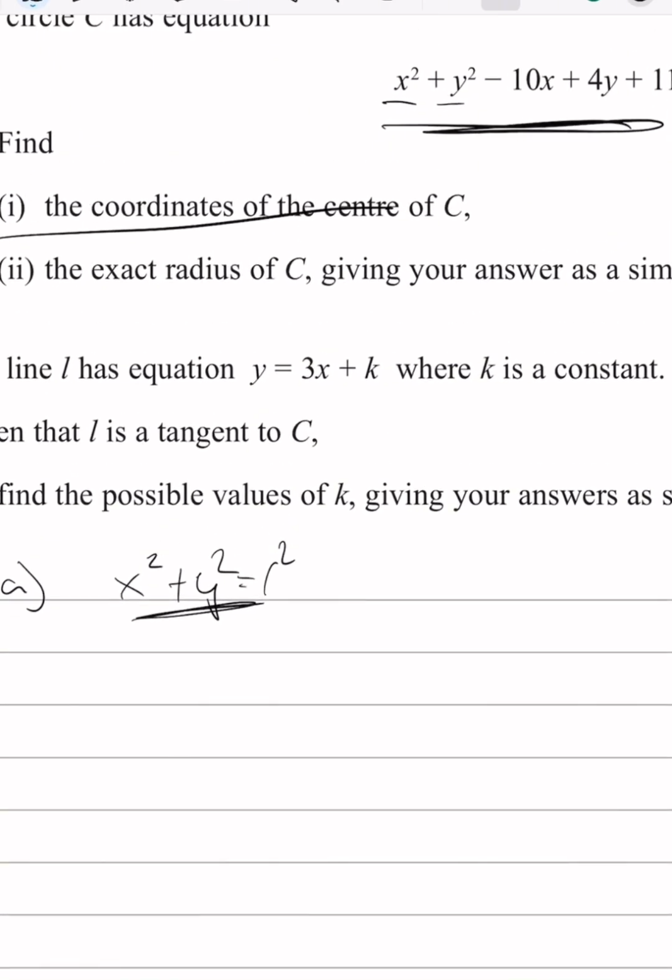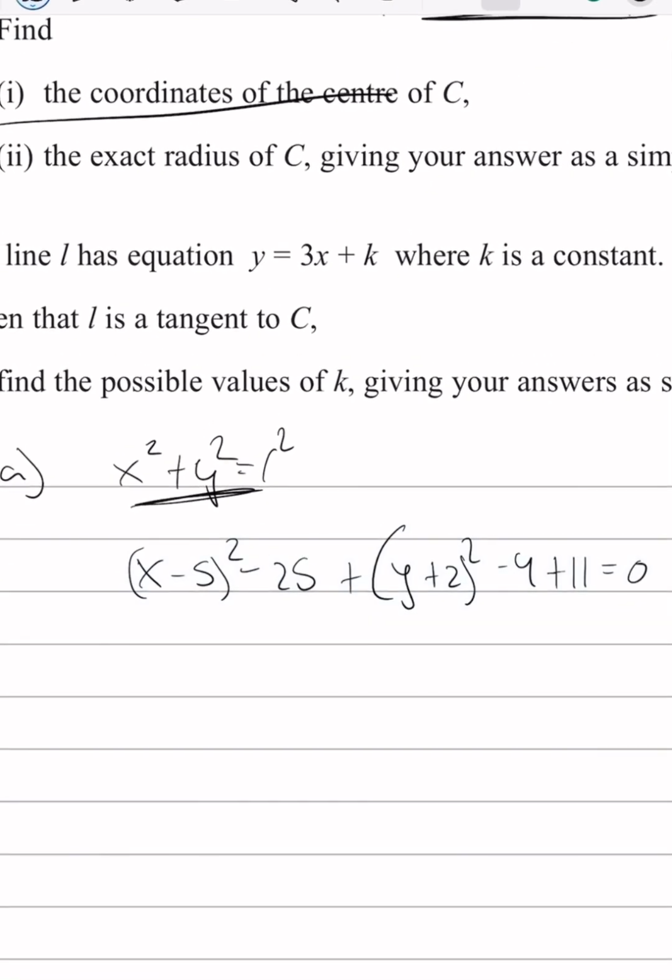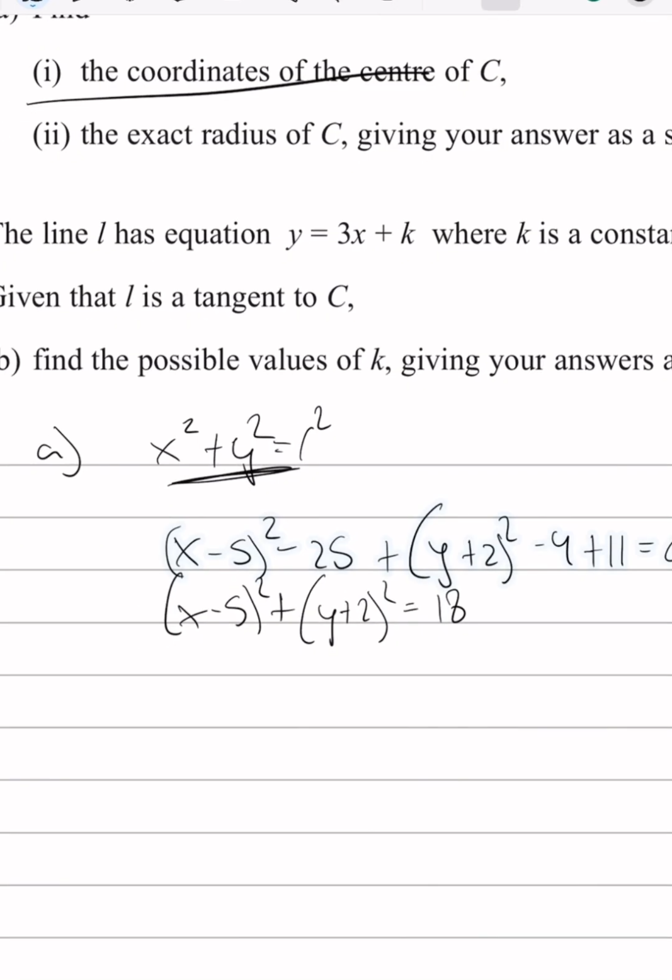By doing this, we get (x minus 5) squared minus 25 plus (y plus 2) squared minus 4 plus 11 equals 0, which simplifies to (x minus 5) squared plus (y plus 2) squared equals 18.